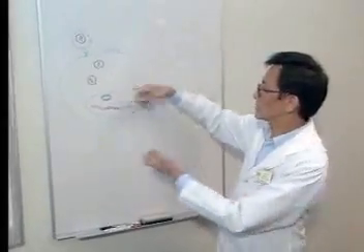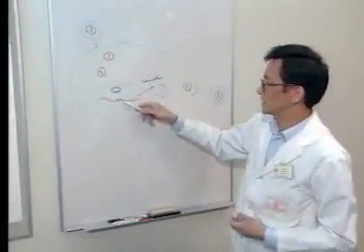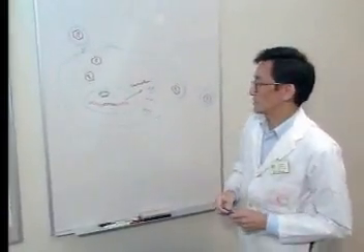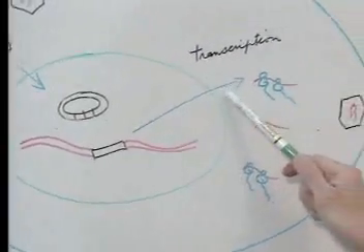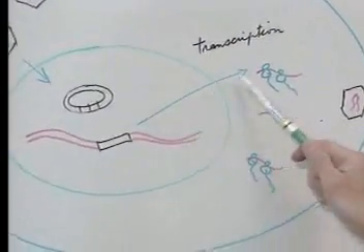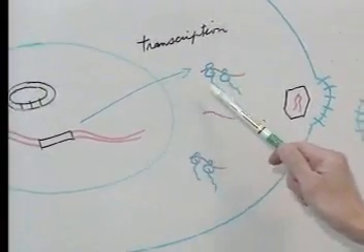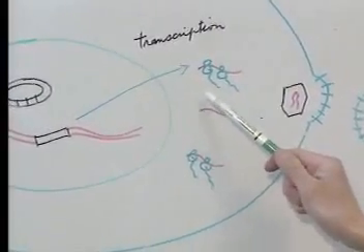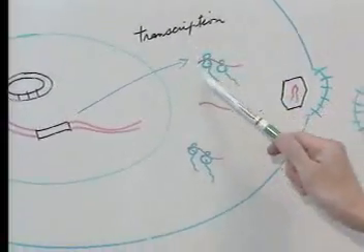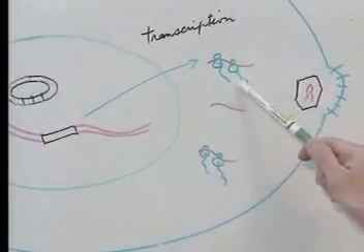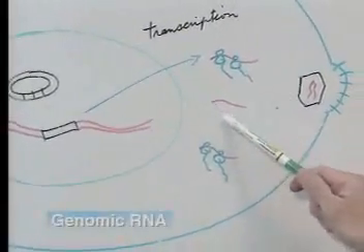Now, as the cell divides, of course, you can see that the virus DNA also divides. And then we have a transcription event, meaning that the DNA is transcribed into RNA. And there's only one kind of RNA, but they serve two functions. They can serve as messenger RNA. In this case, proteins would be made, or they can serve as genomic RNA.